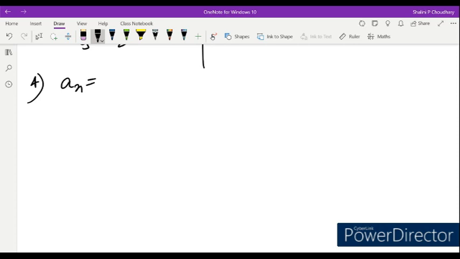Okay, now next question, question number 4. an equals 2n minus 3 upon 6, and we have to find out the first 5 terms. So the nth term is given by 2n minus 3 upon 6.